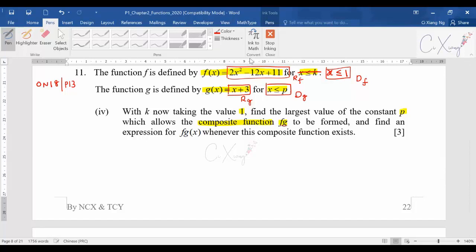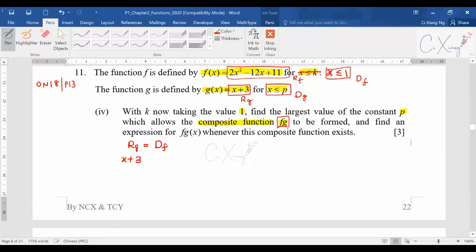Now, first I want to find p. I'm having the composite function f composite g, so that means the range of g should be equal to the domain of f. Correct? So what is the range of g? It is x plus 3.